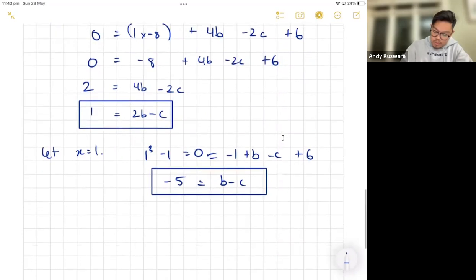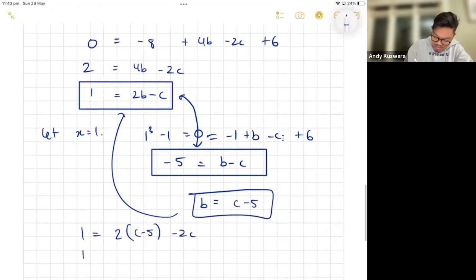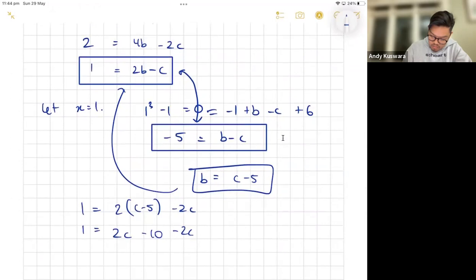And then we can solve those simultaneously because there's 2 equations and 2 unknowns. And from there, we should be able to get b equals c minus 5. Substitute that into the other one. 1 equals 2 bracket c minus 5, minus 2c. So 1 equals 2c minus 10 minus 2c, minus c.